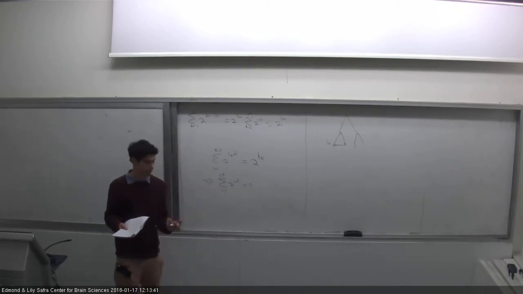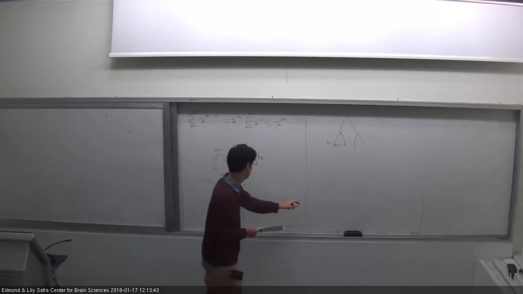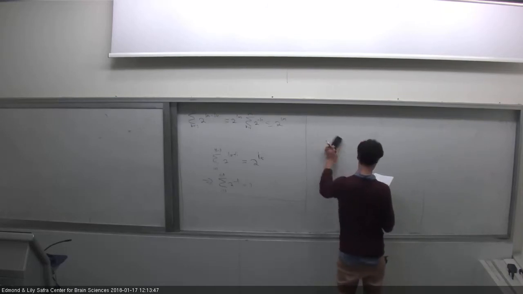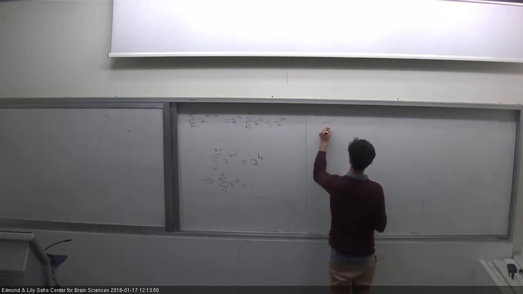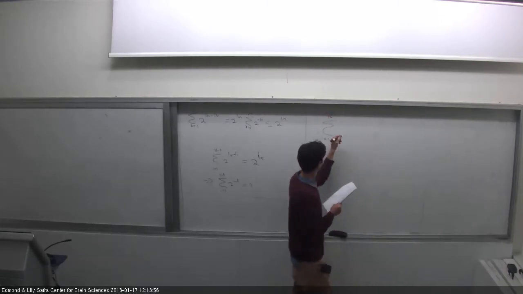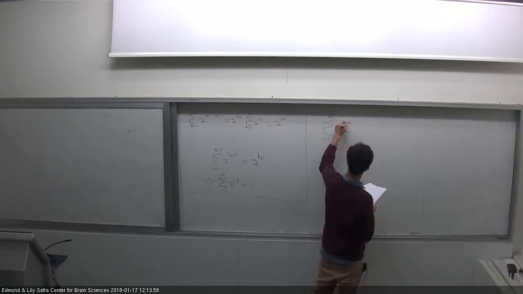Now let's see the summation from i equal to 1 to k of 2 to the minus Li. What is this?